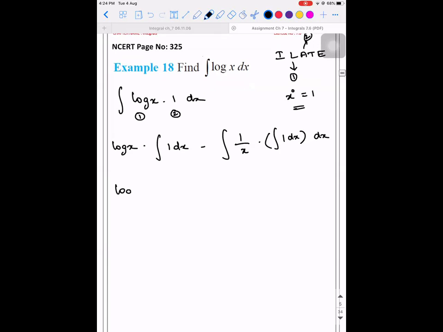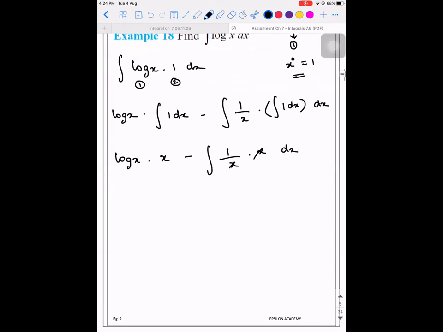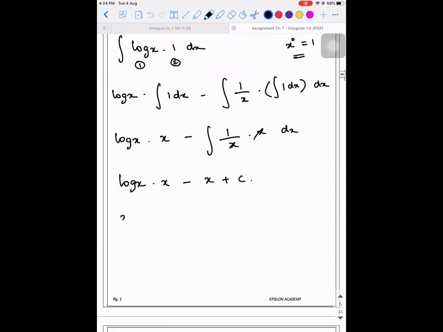So log x into the integral of 1 is x, minus the integral of 1 by x into x with respect to x. This and this will get cancelled. So log x into x minus x plus c. The answer will be x into (log x minus 1) plus c.